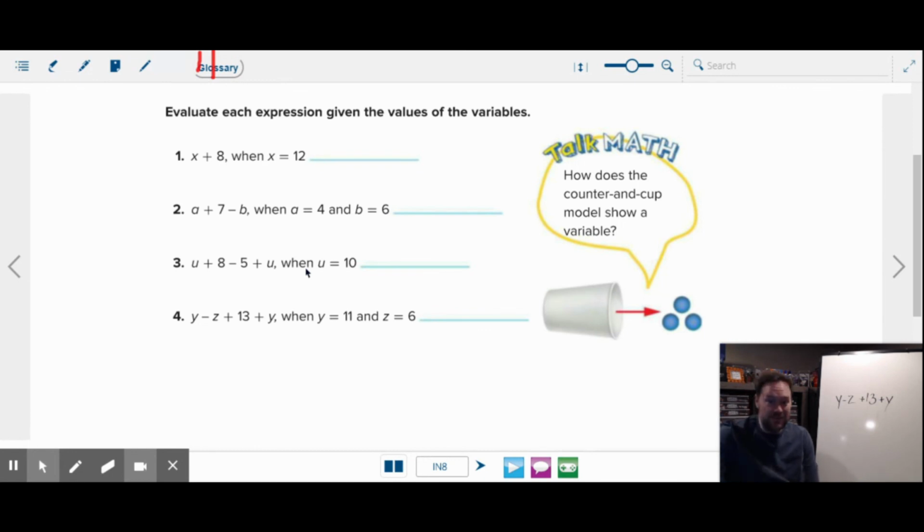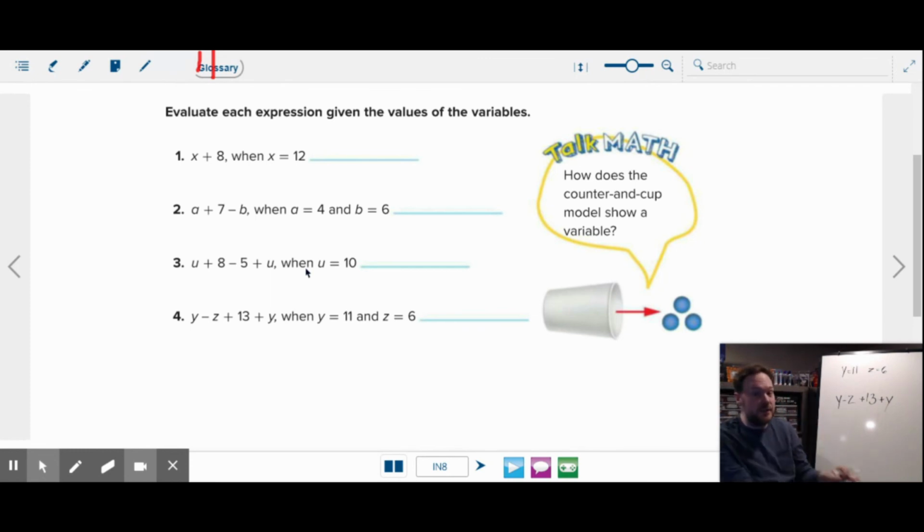But again, they give you the values. Y equals 11 in this case. Y equals 11. Can you see that? And z, or zed, if you're not from America, equals, I don't know if they call it z. I have no idea. Z equals 6. So y equals 11, z equals 6.